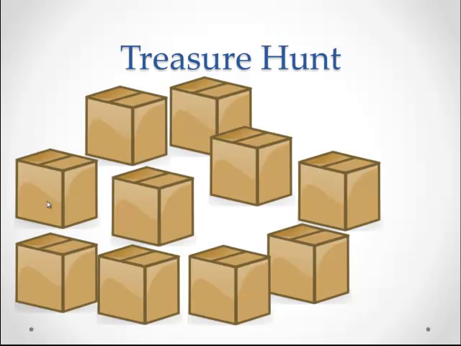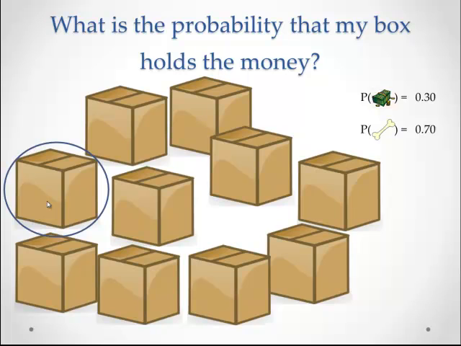Okay, so now let's go back to our treasure hunt. Here we're again where we cannot see what they have. If we pick one box at random, what is the probability that this box holds the money? Based on the fact that we have 10 boxes and 3 of the 10 boxes have money, we can calculate the probability of holding the money as 30%.